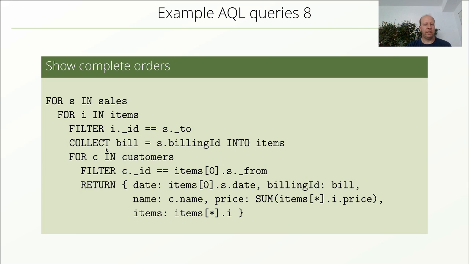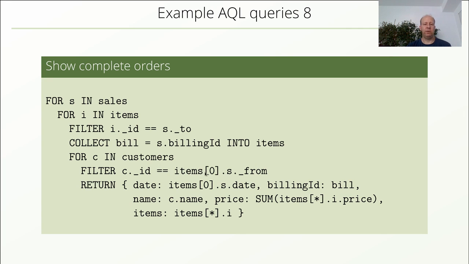So notice that if we do an aggregation where we group by the billing ID, then we can put all the documents, or all the pairs indeed here, into a list items that is dynamically created for each collection we find. And then this return operation can access this list.